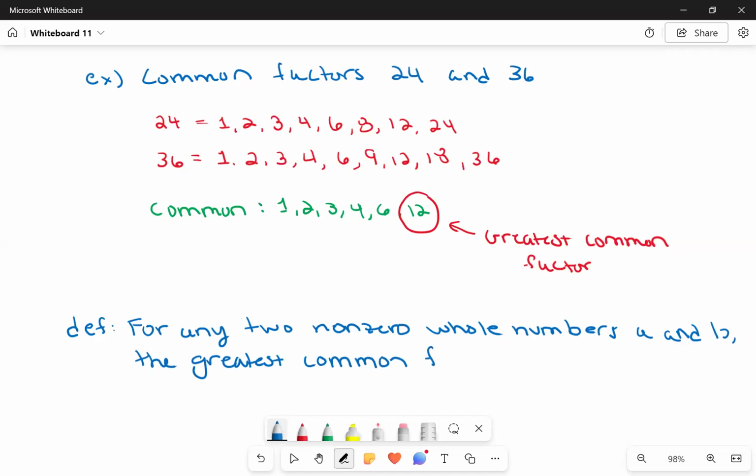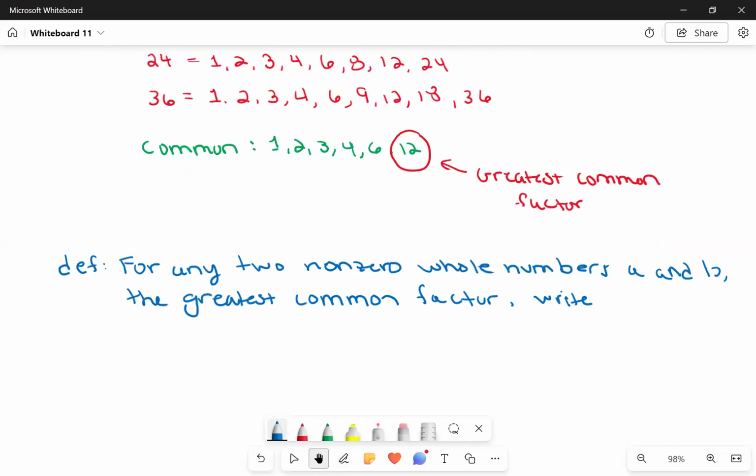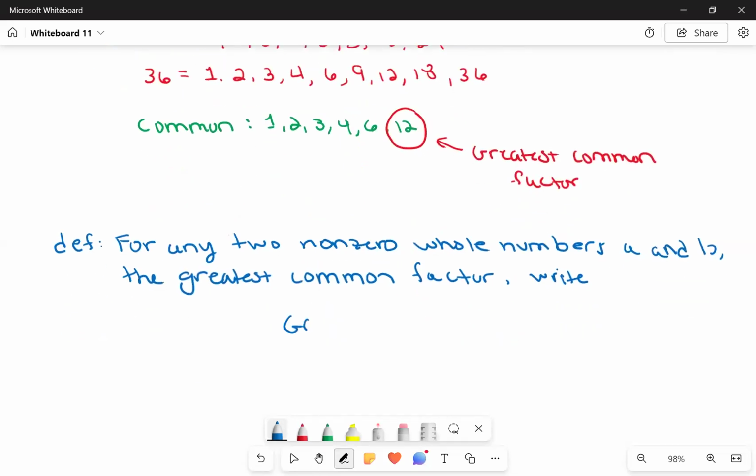Or GCF, which will actually write it. There's a nice little notation for it. You would use that GCF, and then you indicate the two numbers you're referring to. So in this case, we're doing it in general.